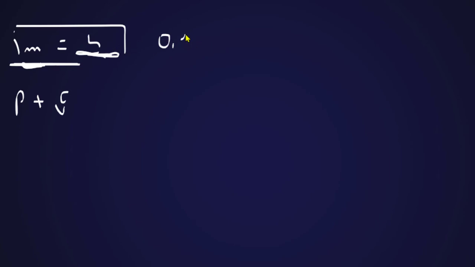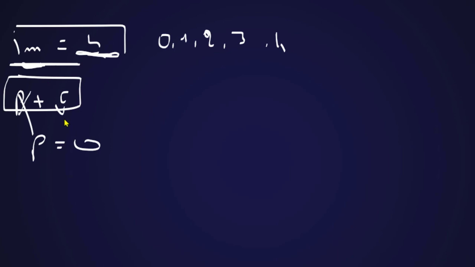So 1, 2, 3 and 4. We have to calculate the sum from 0 up to 4, but we don't have a previous number, it's nothing. That's why we define the previous number equals 0, and when we start calculating the sum, it's going to be previous plus current.